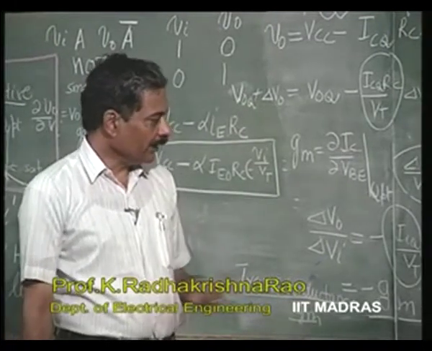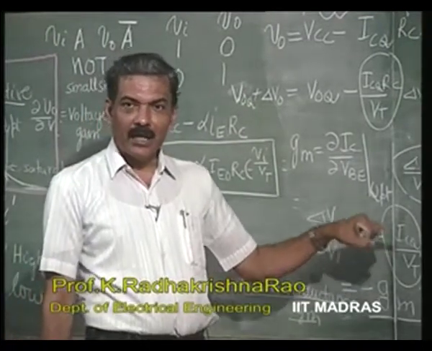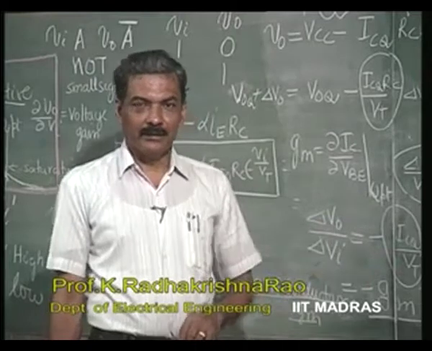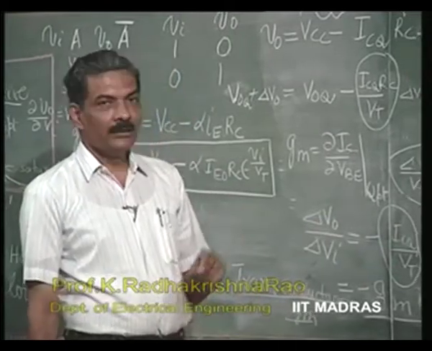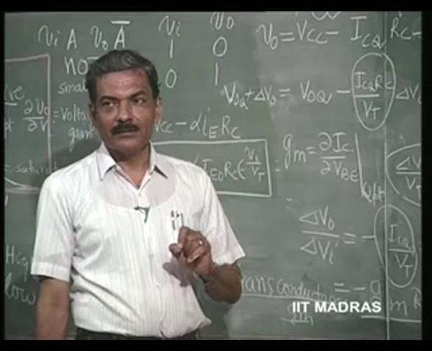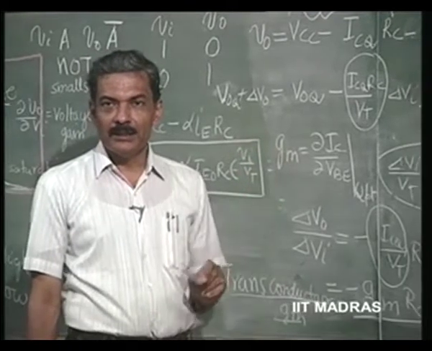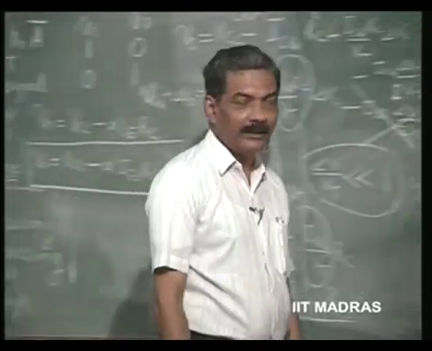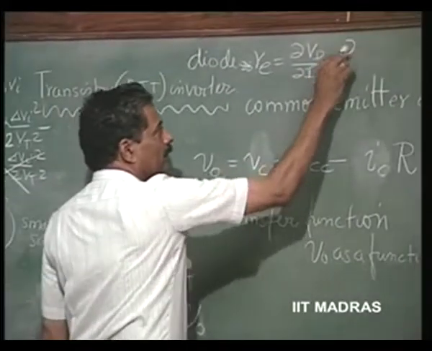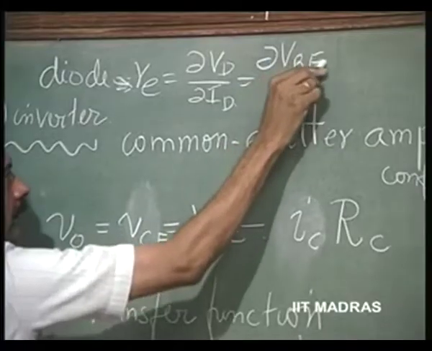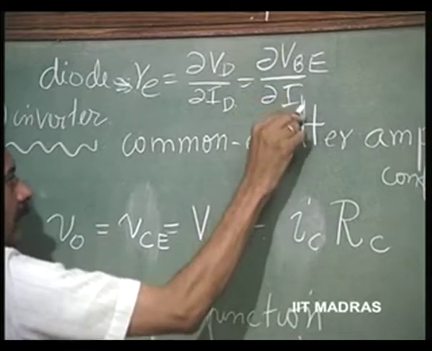So, Gm of a transistor is alpha divided by re, where re is delta V diode by delta I diode. In this case, delta VBE divided by delta IE.